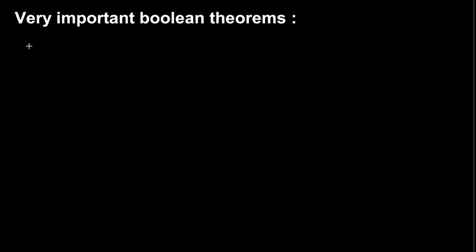Coming to this first one, A into B plus C, this is the distributive law. If you do this, what will it be? Please tell me. A into B plus A into C, right?